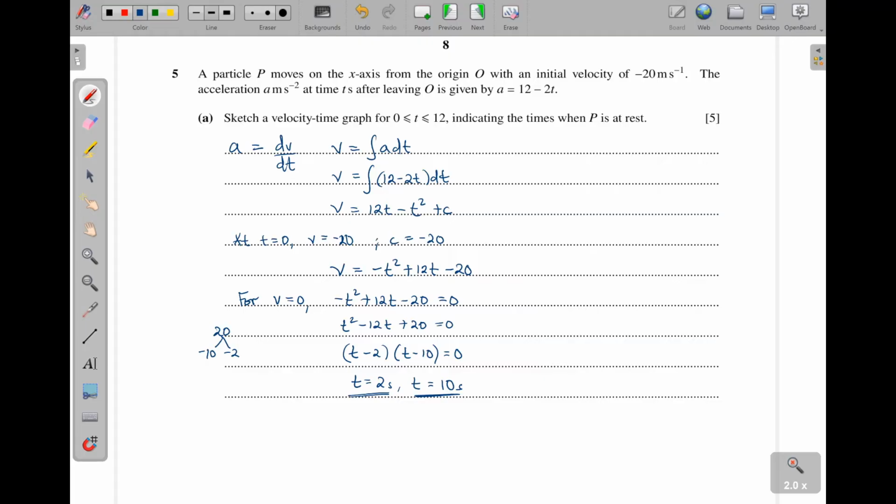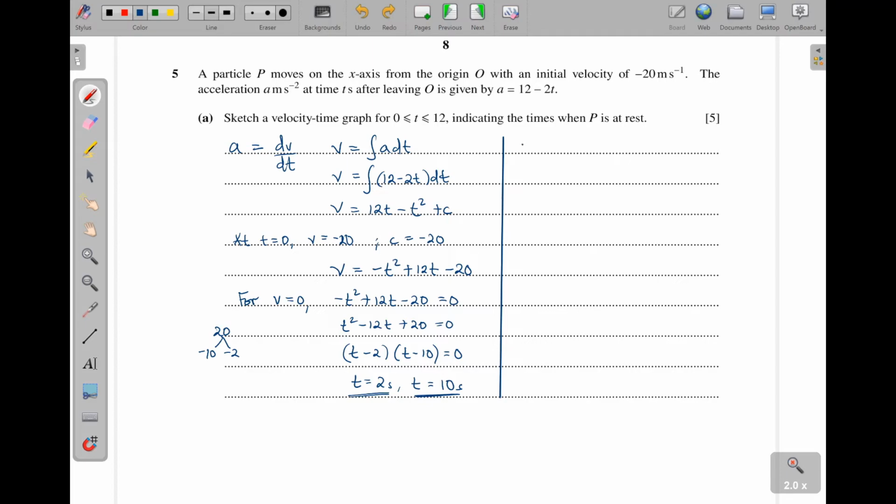Okay. Now, having found those times, this expression for v is a quadratic, and the coefficient of t squared here is negative. So because the coefficient of t squared is negative, this is going to be an n-shaped curve. If it is an n-shaped curve, then it has a maximum point.